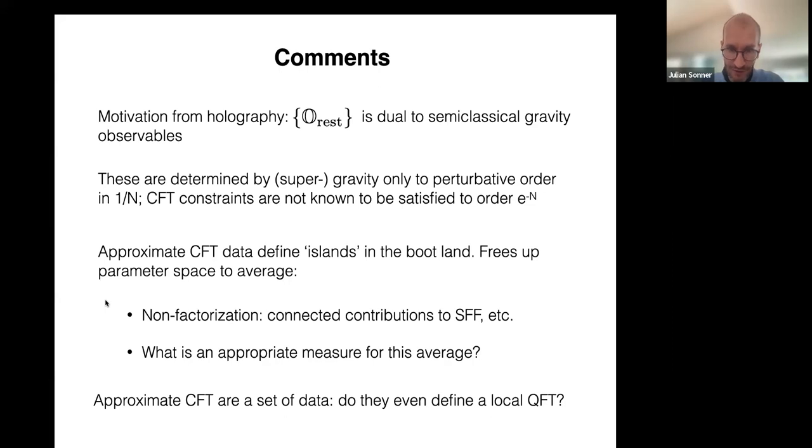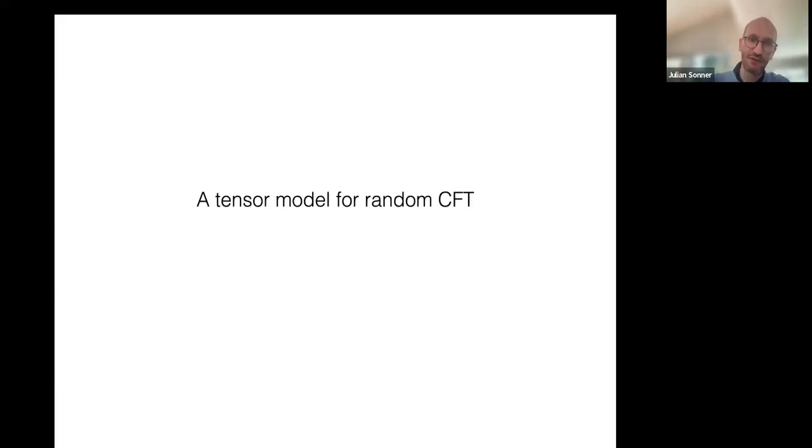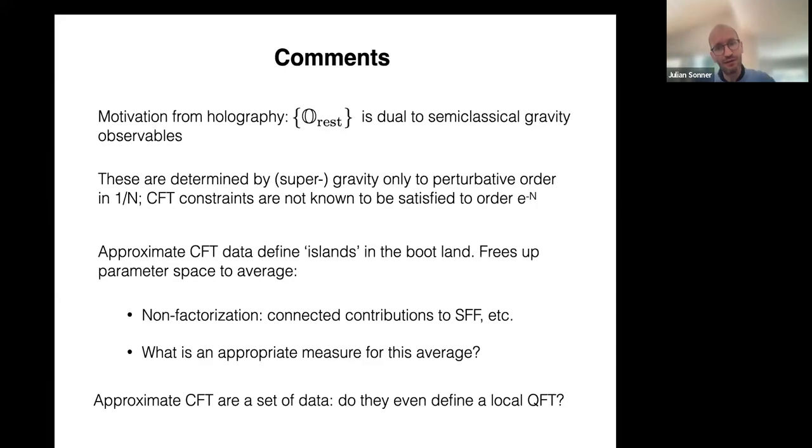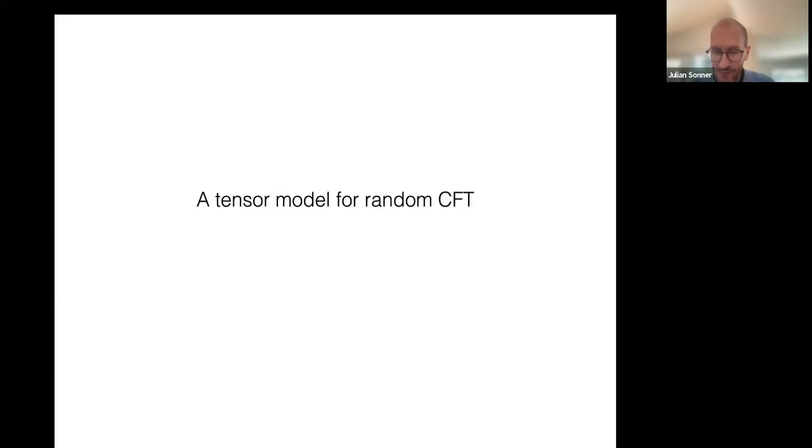We do know that if the data satisfy the constraints exactly, we get a local CFT. But if they don't satisfy those constraints, do we even get a quantum field theory? That's certainly worth thinking about, because it's also important in terms of characterizing the members of our ensemble. So let me now talk about the measure and move on to this tensor model.